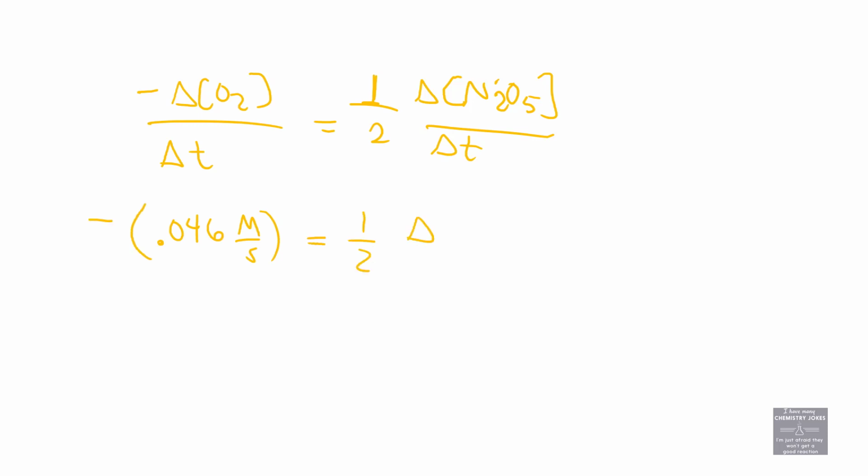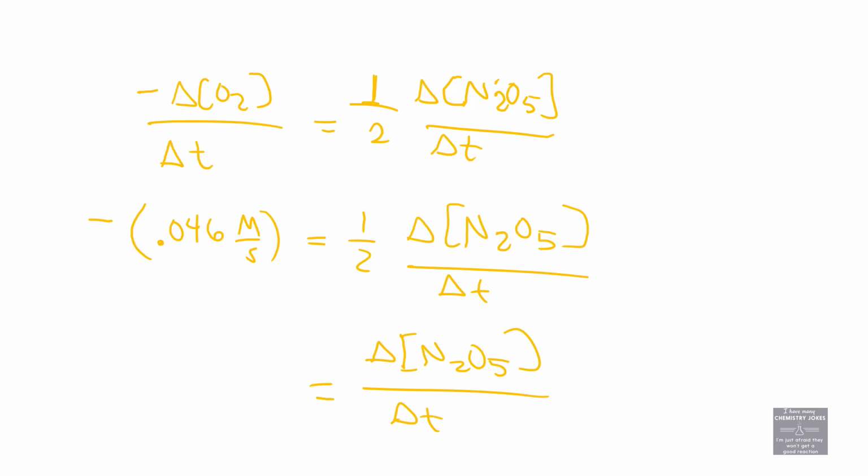So that means delta N2O5 over delta T is 2 times that. Calculator. Positive 0.92 molarity per second.